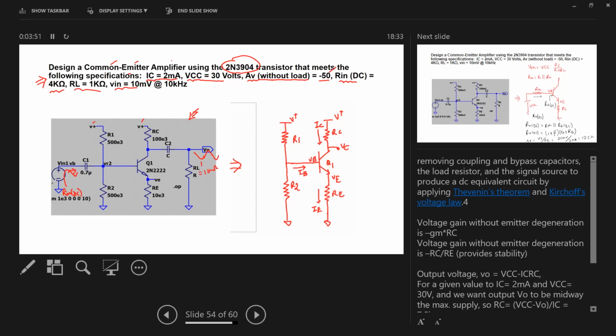And you apply a sinusoidal input, which has a peak value of 10 millivolt at a frequency of 10 kilohertz. So this is your design specs. And with that, you are required to design the amplifier, which will provide you a swing at the output. So let us try to do that one by one.